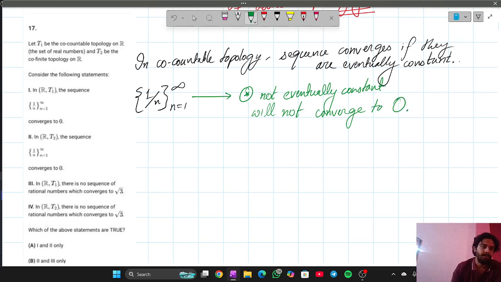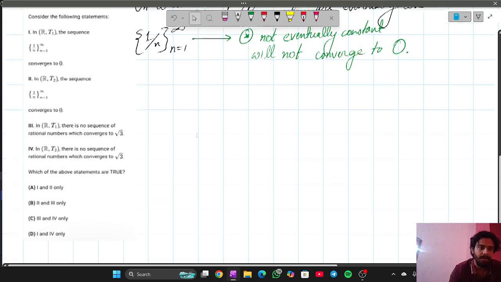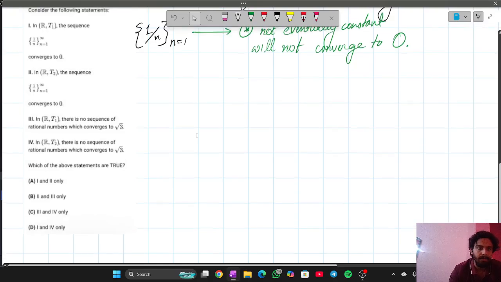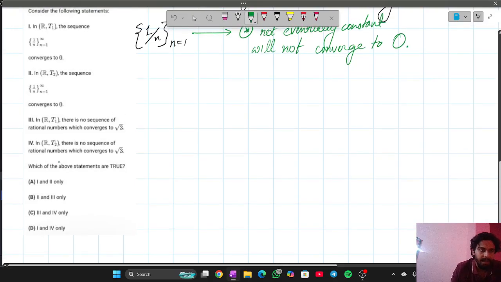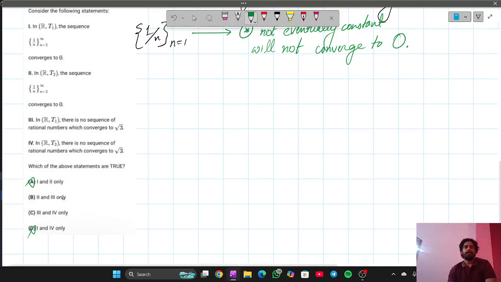Okay, this will not converge to 0. So any option containing 1 is not true, and hence we can cancel out 1, meaning A and D. So we are left with 2, 3 and 3, 4. So we can understand that 3 is a correct statement because it is in both of them, right? So we just have to see about 2 and 4. So if we can cancel out any one between 2 and 4, we can get the right answer.